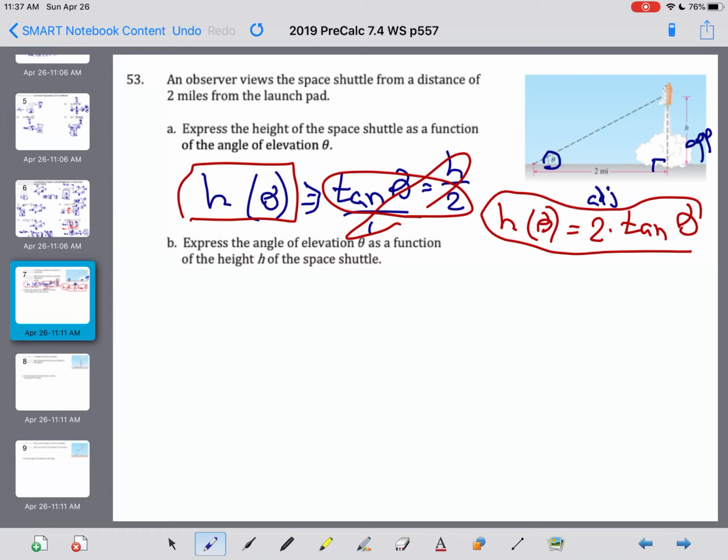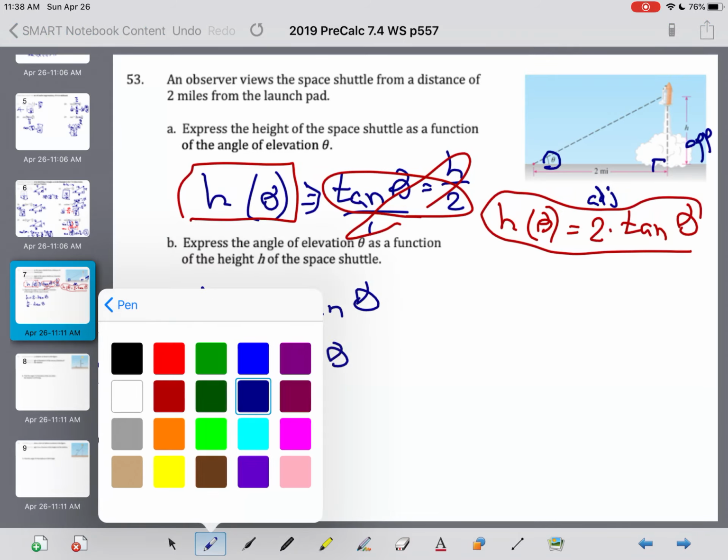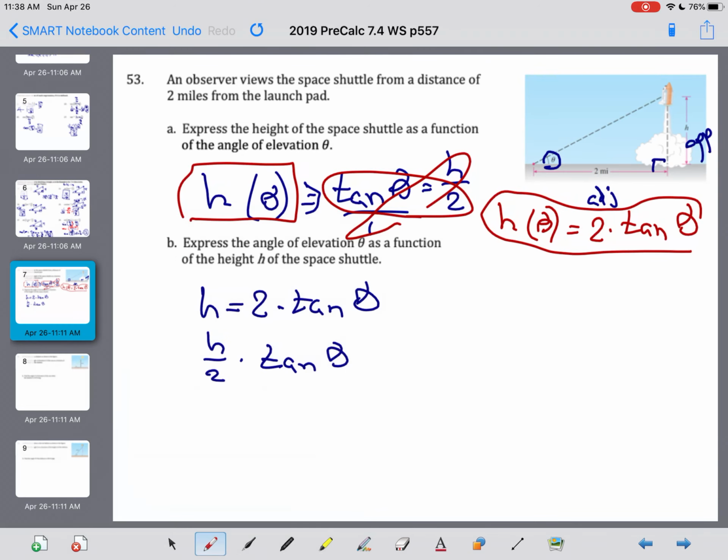Continuing here, now express the angle of elevation as a function of the height. So really I have h equals 2 tangent theta, and I want to solve for theta. So I'm going to divide both sides by 2. And now I've got to get rid of the tangent function by applying my inverse trig. So that looks like this.